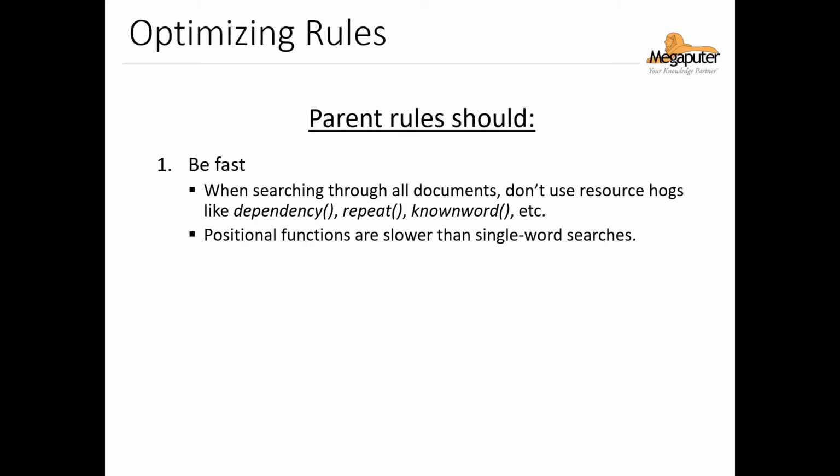So we try to avoid functions like dependency, repeat, known words, and any function that requires syntactical analysis. Instead, try to use functions that are quicker for the system to process, such as simple keyword searches or even positional functions like phrase, which may be a little slower than single word searches, but they are faster than using syntactical functions.